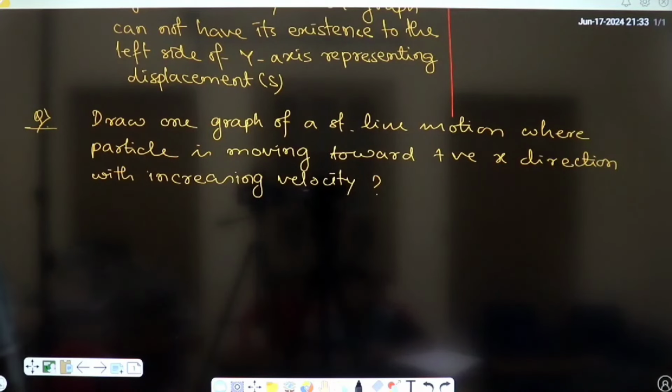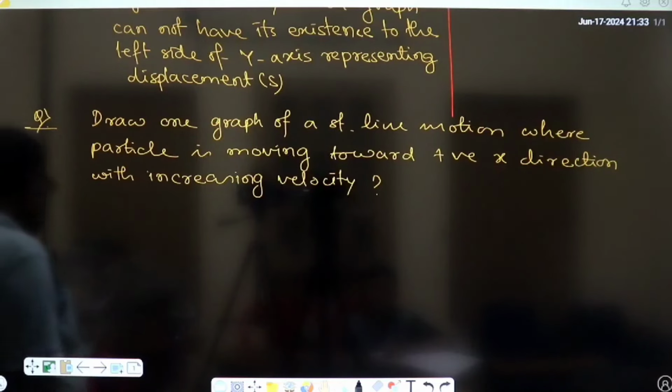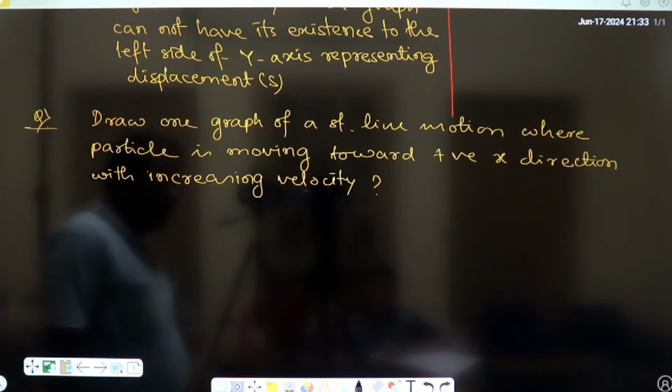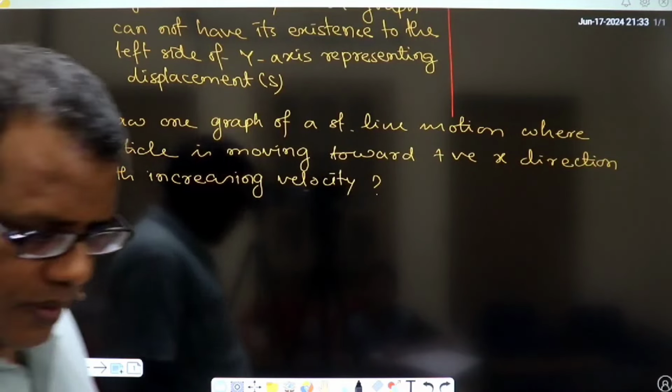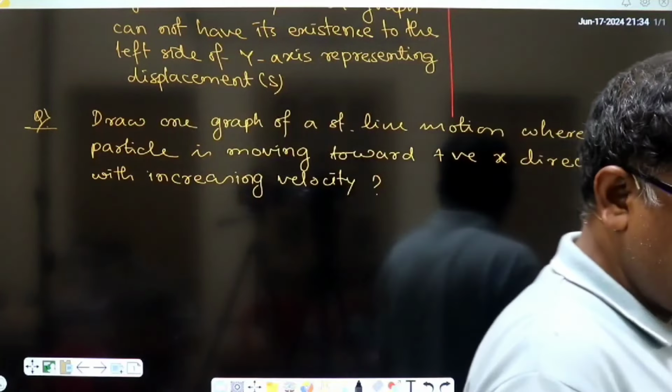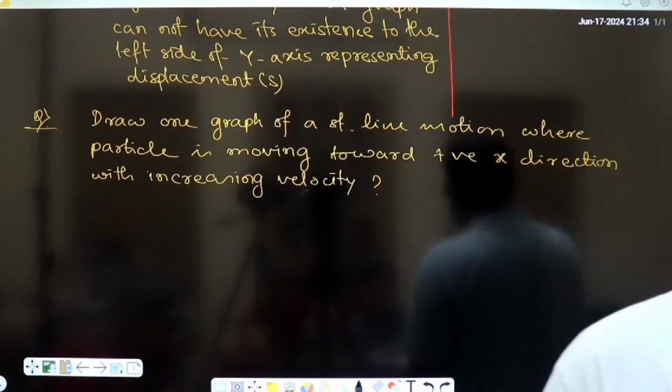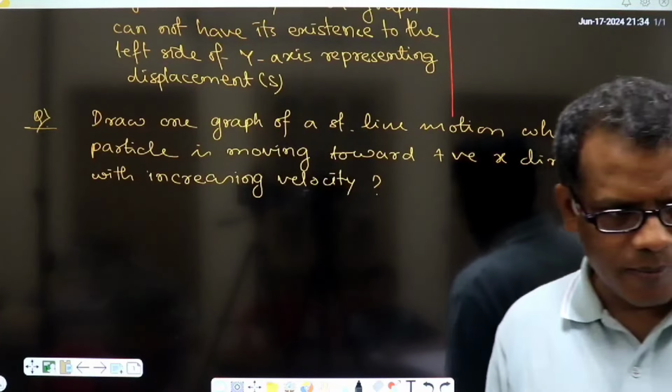Yes, increasing velocity means acceleration is taking place. Acceleration is appearing there on the mass. But you have to draw it in an S versus T graph. So the slope of an S versus T graph always speaks about velocity directly, not about acceleration.